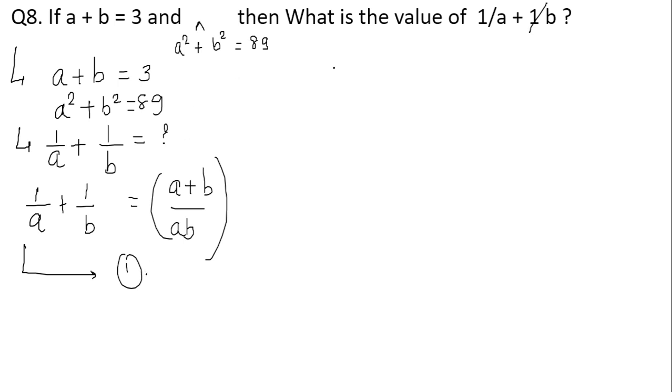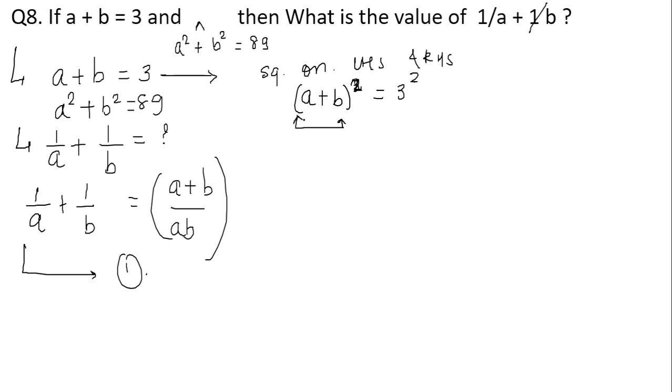Now what is given in the question? The first thing they have given is a plus b is equal to 3. So I'll square on both sides. Squaring on LHS and RHS, I'll get a plus b the whole square is equal to 3 square. If I simplify this, it is a square plus b square plus 2ab. Can I simplify this? Yes. So this will give me 9.